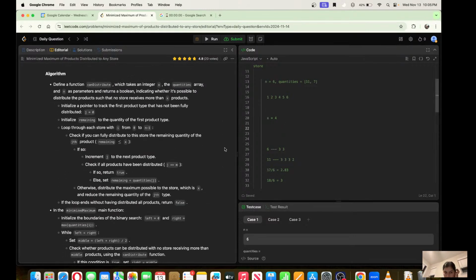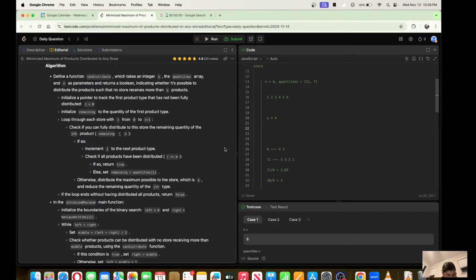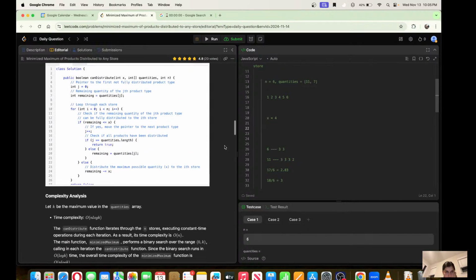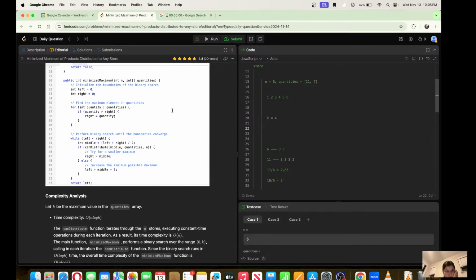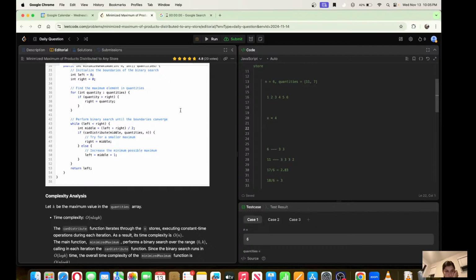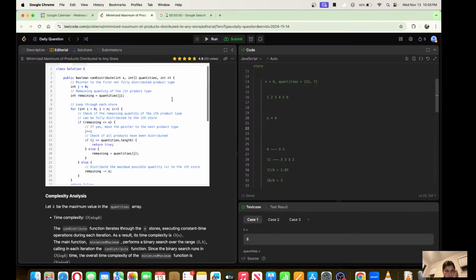Another one is to just do binary search like this. So this is the can distribute function, right? So this is the can distribute function.